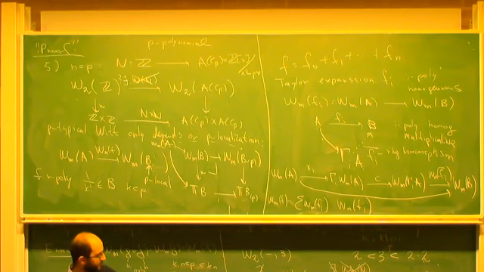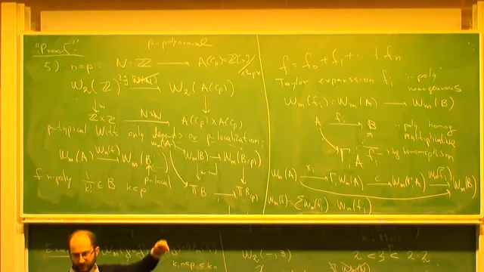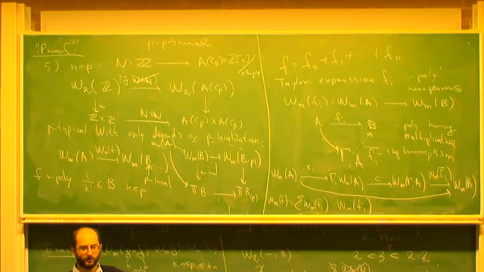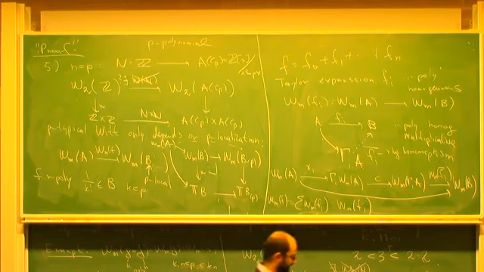Using this example, you can use p-typical Witt vectors to detect if this does not exist. If you want to prove that a K times N polynomial map does not factor as a composition of K and N polynomial maps, you look at the induced map on Witt vectors and see if it even exists, satisfying this kind of condition. If it doesn't, then you know that it doesn't factor. So this is the example.